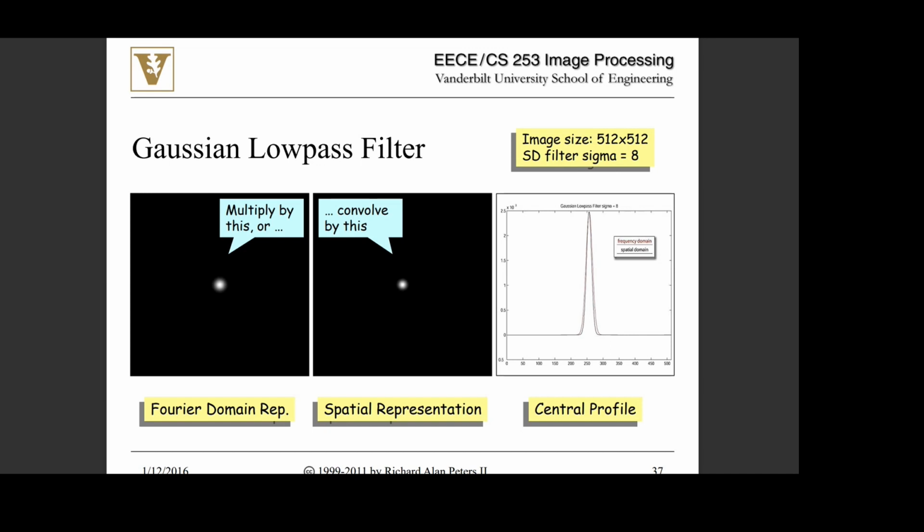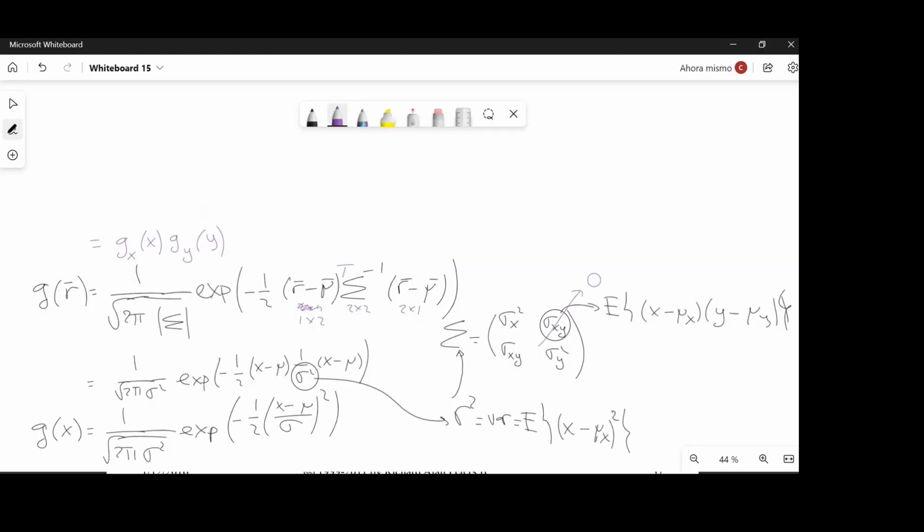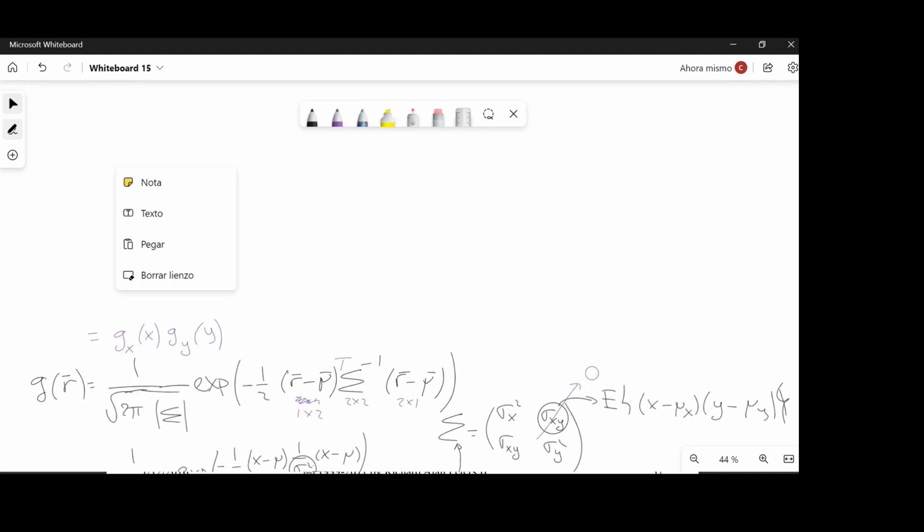Because what is my frequency response? Let's say that my filter is Gaussian. So a low-pass filter of omega that is a Gaussian of omega, with sigma. Like this, and this is omega.